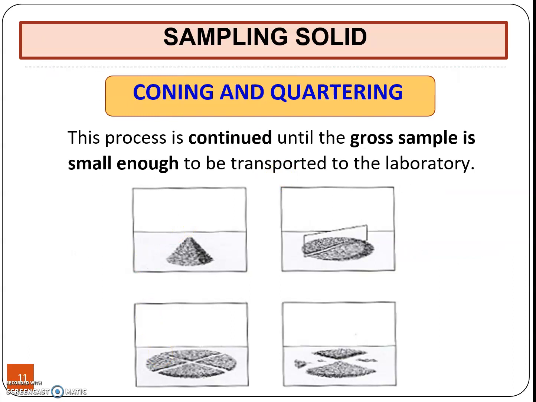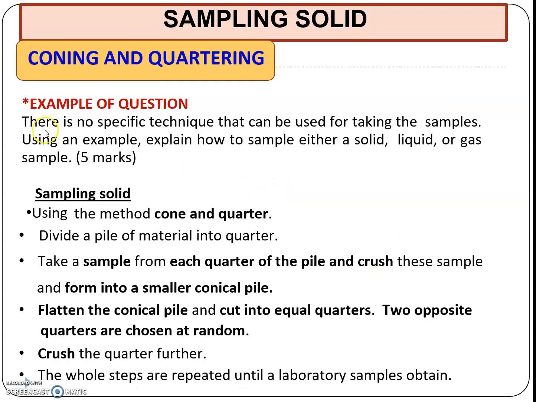Okay, slide before. Okay, sampling solid, the method is coning and quartering method. Okay, so for coning and quartering method, you can refer to video for sampling solid. Okay, cone and quartering method. So kita gunakan method ini untuk produce sample, lab sample that are homogeneous and representative.